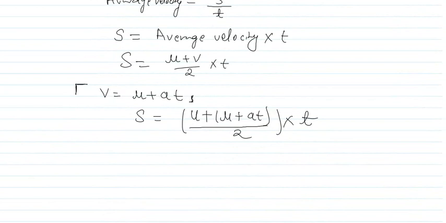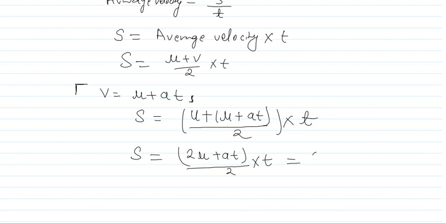Now u plus u will be 2u plus at upon 2 into t, and this becomes 2ut plus at square.